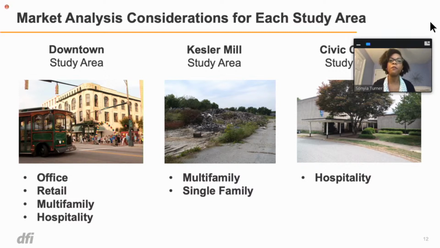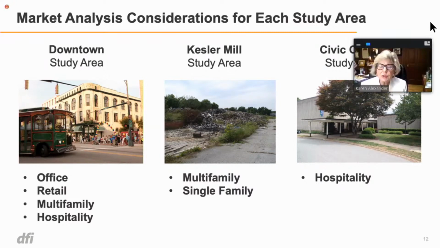The findings from that will be most relevant for downtown. Kesler Mill, we're focusing on multifamily and single family in our analysis. In the Civic Center, we're focusing primarily on hospitality. And so before I move on to our office analysis, were there any questions?